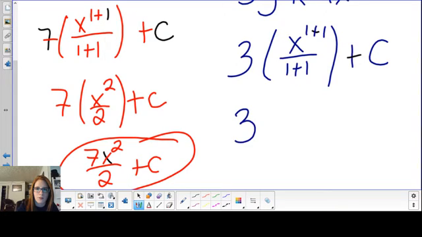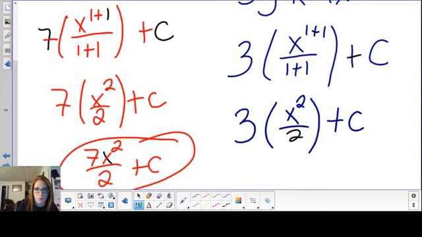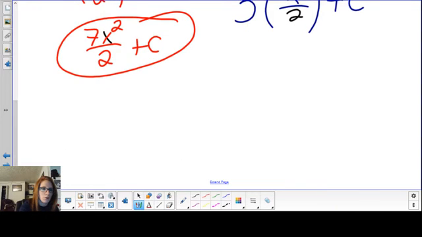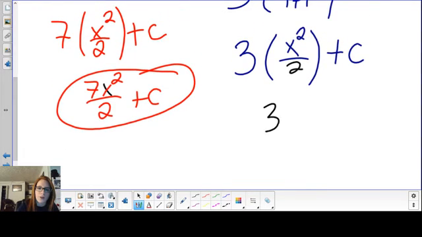So I have 3 times x squared over 2 plus c. So I have 3x squared over 2 plus c.